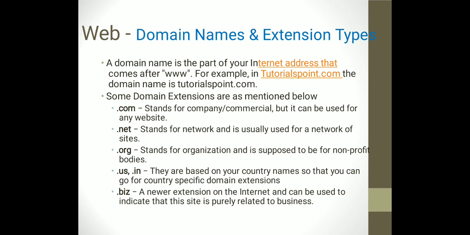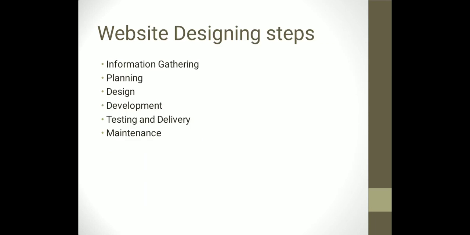Some domain extensions are .com, .net, .org, .us, .in, which are based upon country names, plus .biz, which is purely related to business. So all of these domain extensions can be used for different purposes.